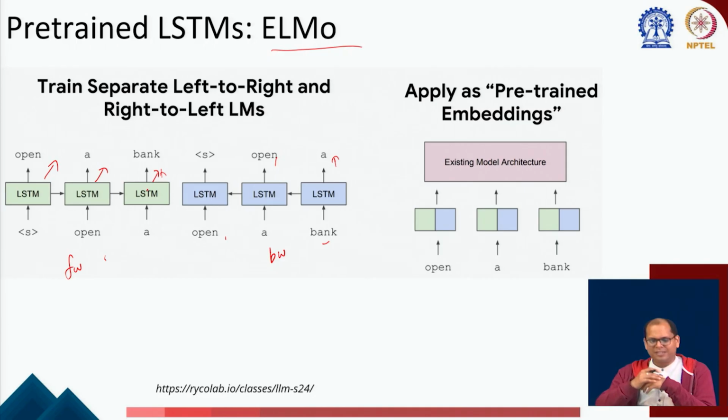Because you have trained your model on the entire data set, you are getting hidden vectors that have knowledge over the entire data set. You use these hidden vectors in your new task, directly, and then perform your task. You can combine both forward and backward direction hidden vectors.